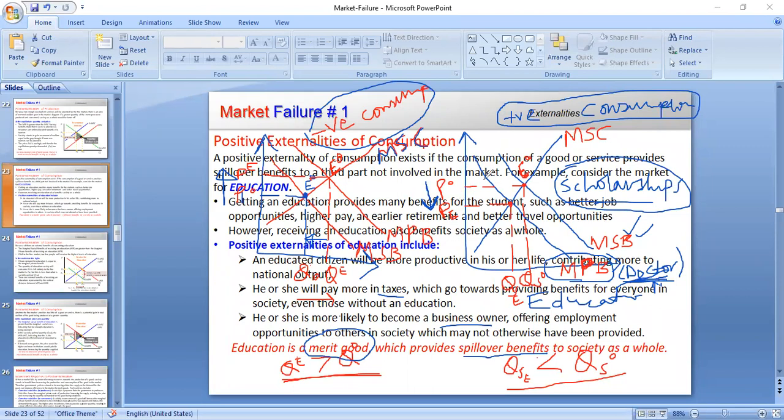So the government can subsidize consumers, for example, schools and students, those are consumers. It can also subsidize producers, if it is a positive externality of production.